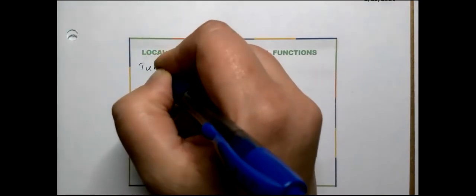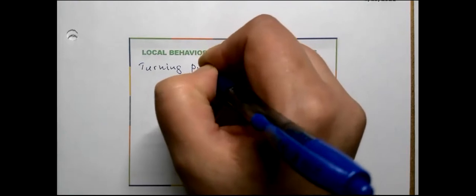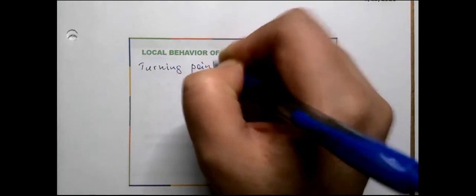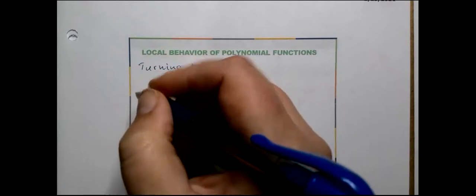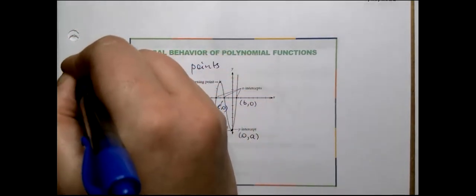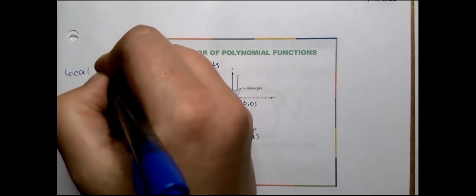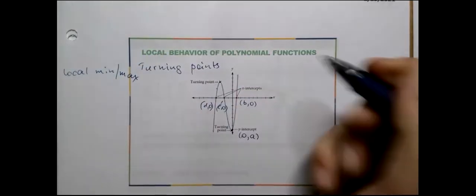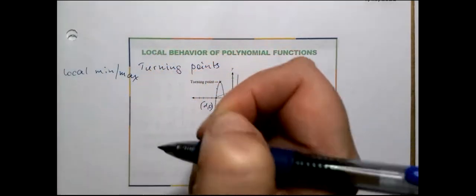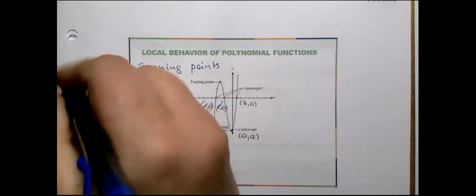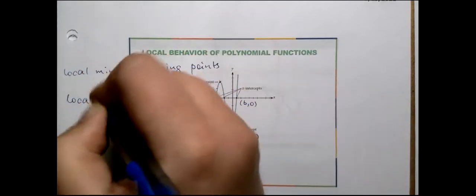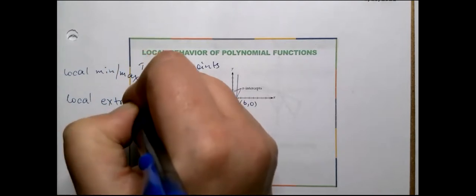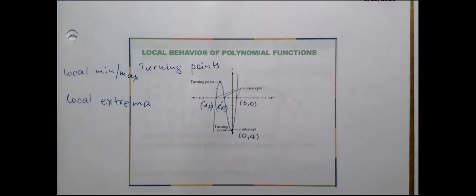So let's write down: turning points, otherwise known as local minimum points or maximum points, or another term that you will see is local extrema. Those are all the names for the same thing.